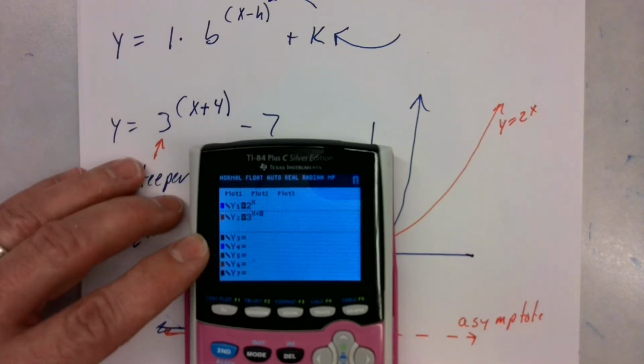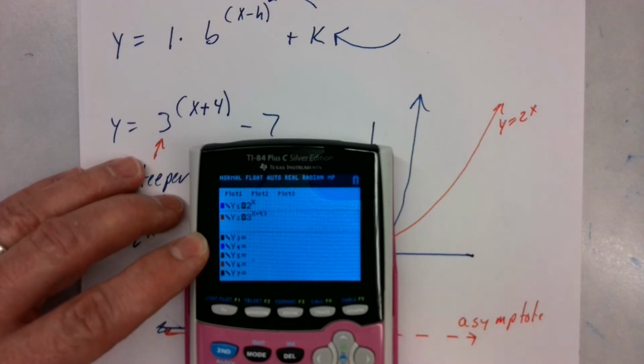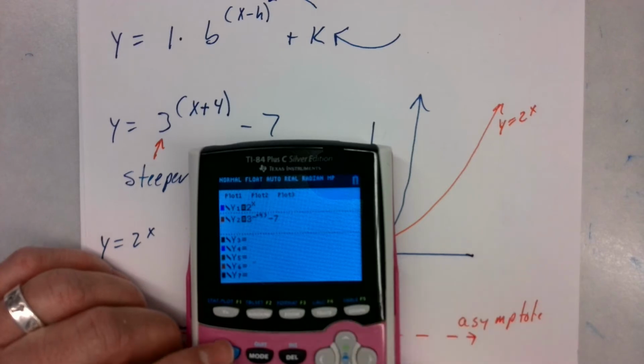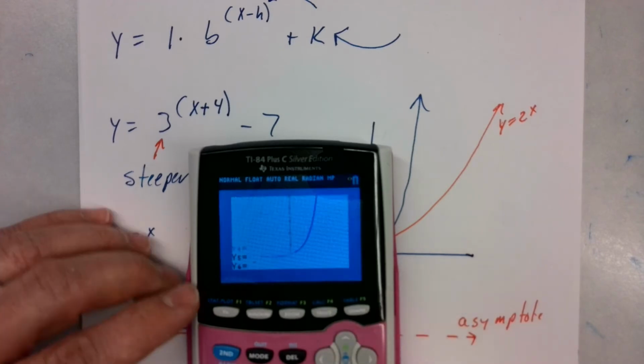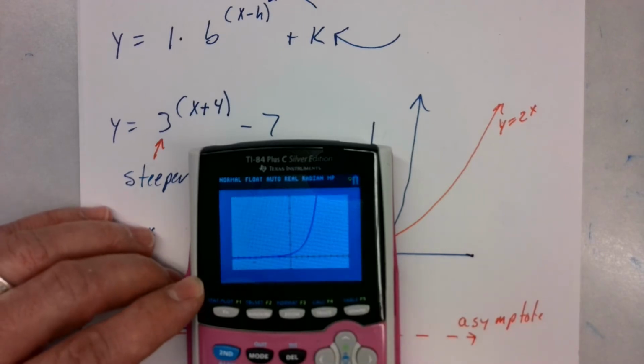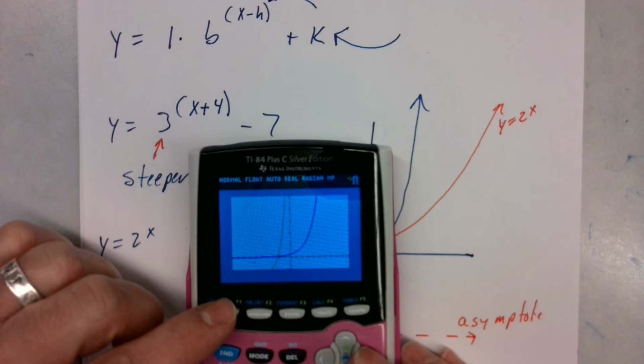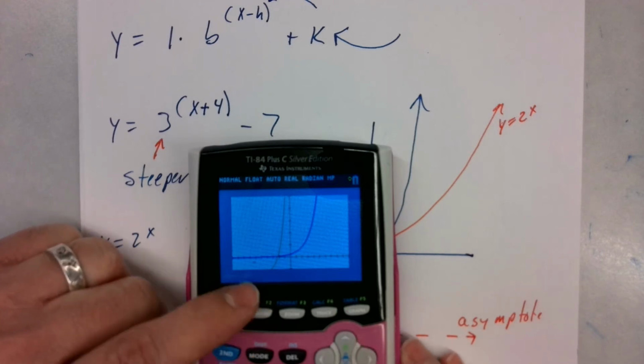Plus 4 minus 7, right? Close my parentheses, minus 7. Uh-oh, I didn't open parentheses, dang it. Second, insert, left parenthesis. I'm going to have to adjust my window, aren't I? Now, clearly I didn't go steep enough fast enough, but I think we'll get the idea.